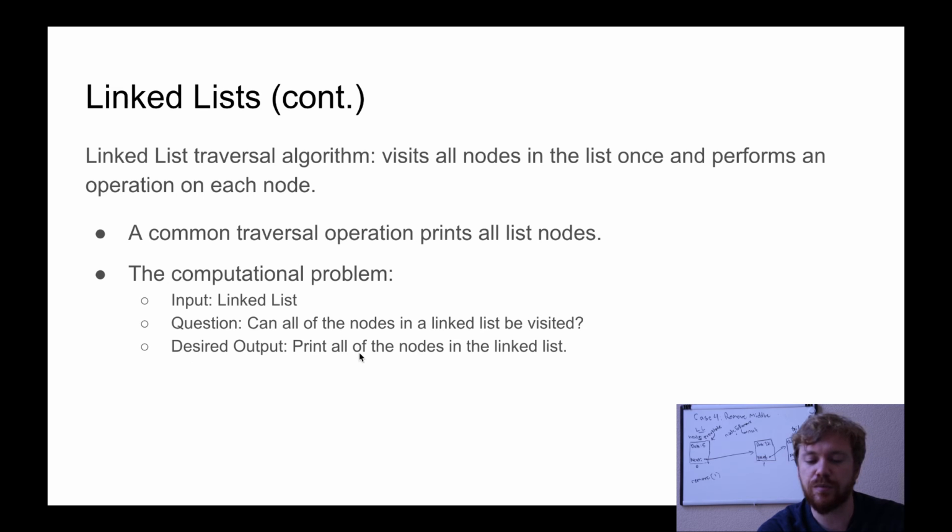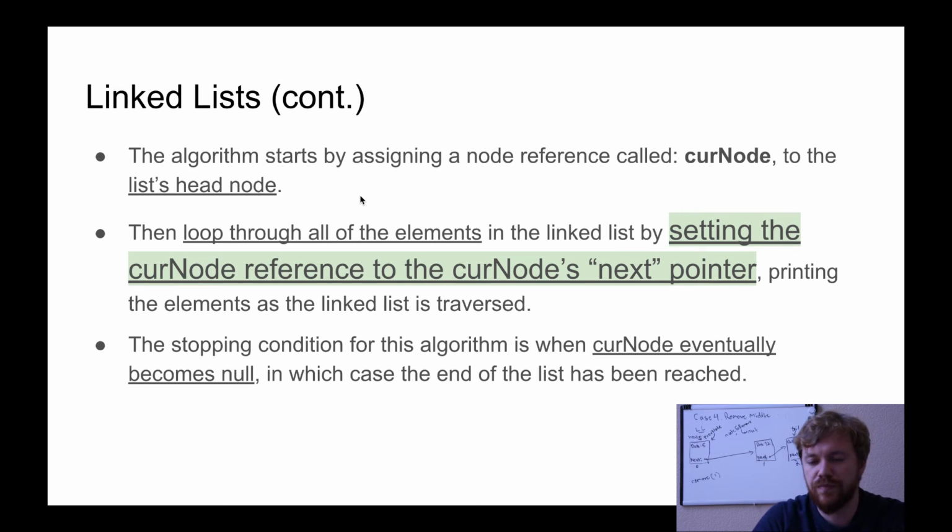And the desired output is to print all of the nodes in the linked list, showing that they can indeed be visited. And so the algorithm starts by assigning a node reference called cur_node to the list's head node. So it's creating another reference, just like the head node, and it's just called cur_node. And cur_node, current node, you start it off by beginning at the beginning of the linked list.